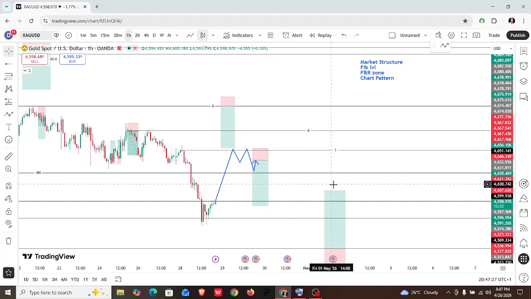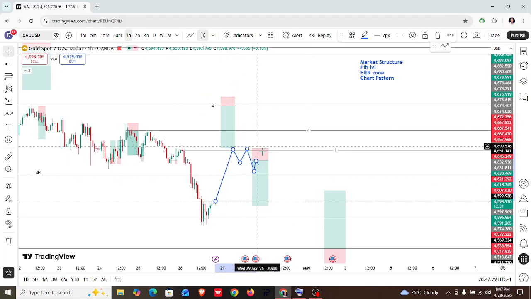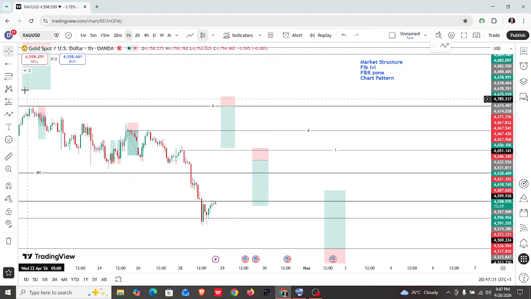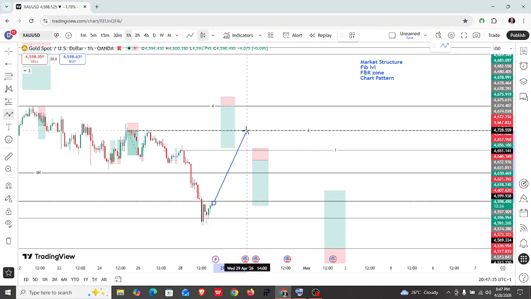But if it actually breaks this zone upwards, if it breaks this zone from here and breaks this zone and comes to this zone, I will be expecting that same pattern to create. Or even come to this zone, but I'm expecting it to start reacting from these zones.